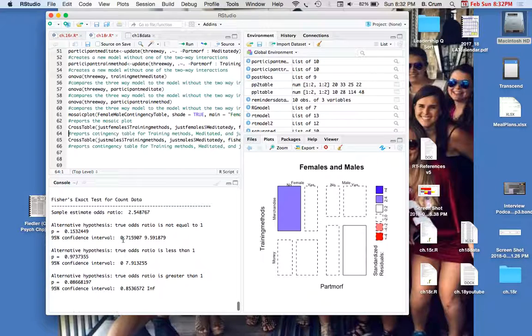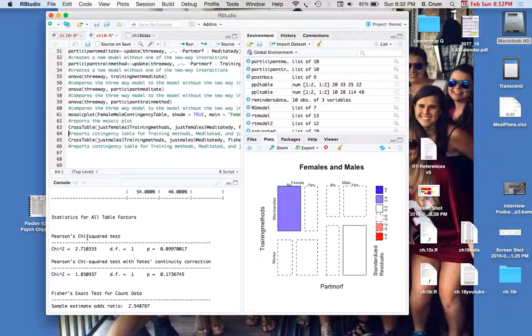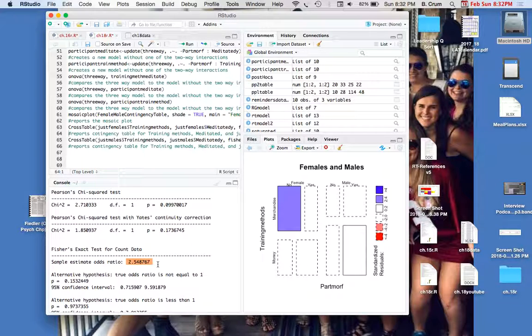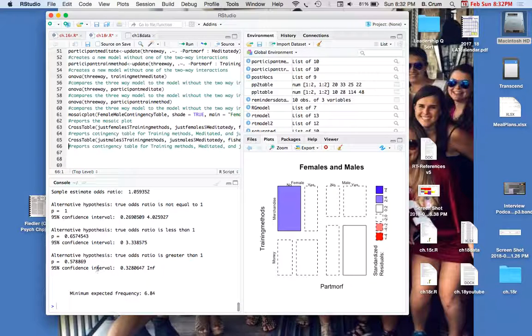So I just created this for my females, and so it does the chi-square right here, and this is where we look at the odds ratio, which is 2.549, and for males, in the same spot, it is 1.059. So for females, the odds of meditating were about 2.5 times more likely if they were incentivized using money, while for males, it was about 1 time more likely.